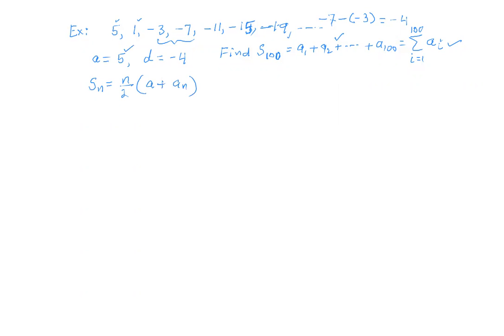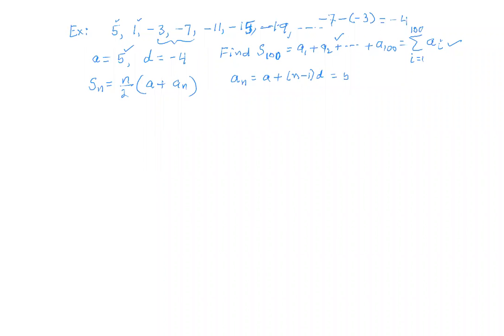That's it. We know A is 5. What is A sub n? Remember, A sub n is equal to A plus n minus 1 times D. What is A?